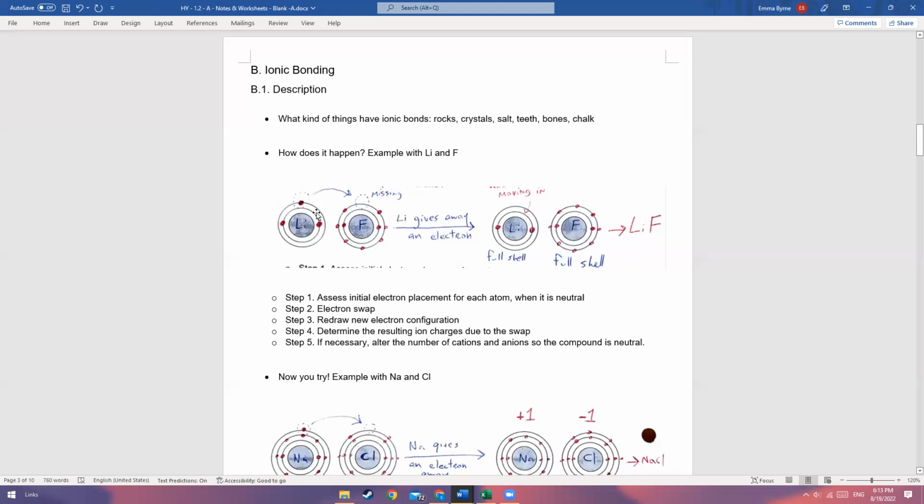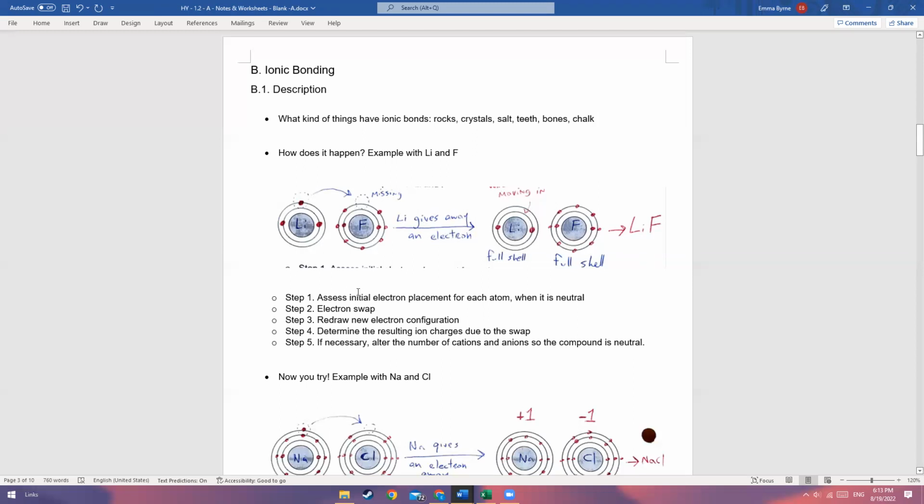So what actually happens here is lithium can give fluorine that electron. So lithium's got a full shell in that situation, and if fluorine gets that electron, it will have a full shell as well. So really, both atoms are then happy, and that forms your compound of interest.